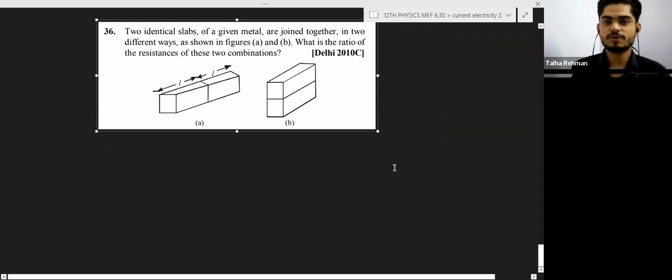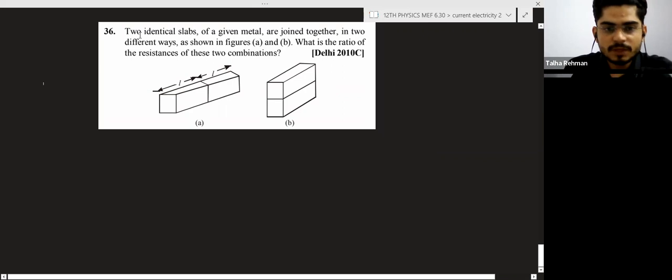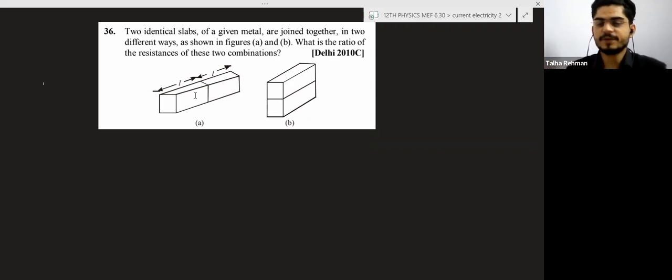So this is a question of CBSE 2010, and in this question, first read the question. Two identical slabs of given material are joined together in two different ways as shown in figure A and B. So two figures are given and two slabs we have, and we are joining those two slabs in different ways.